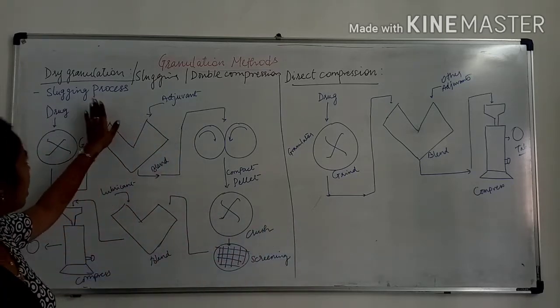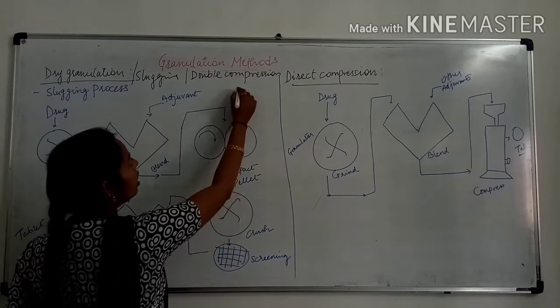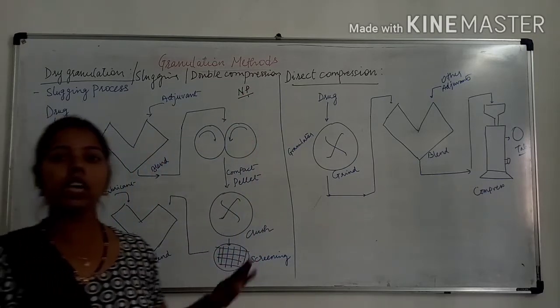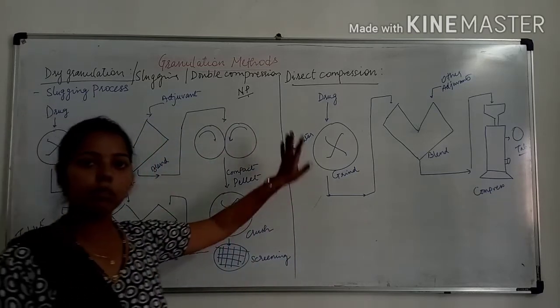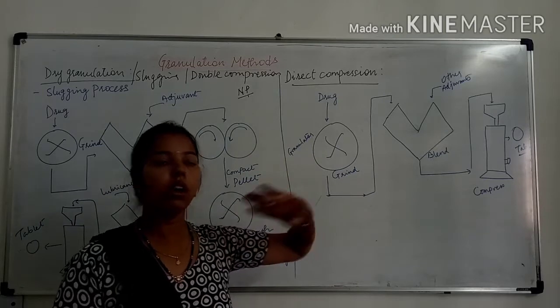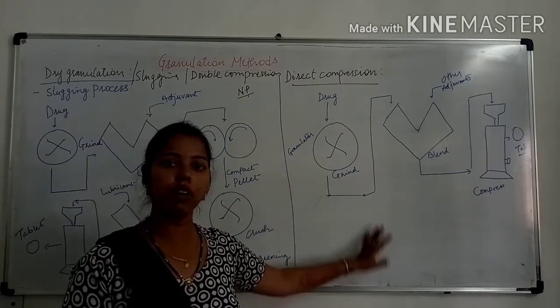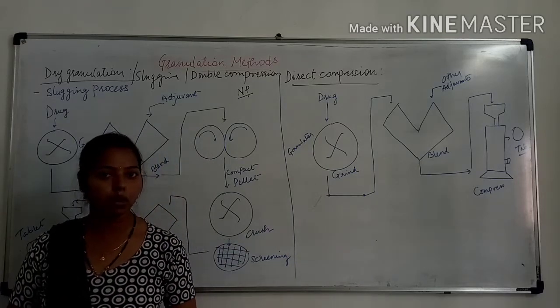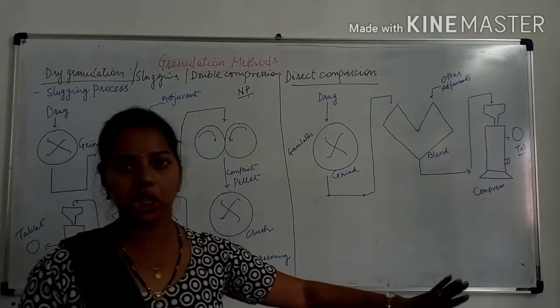And in dry granulation, we generally use non-polar or volatile solvents which evaporate on standing, or during slugging and granulation the solvent evaporates, and you get the dried content as the final granule. That's why it is known as dry granulation.